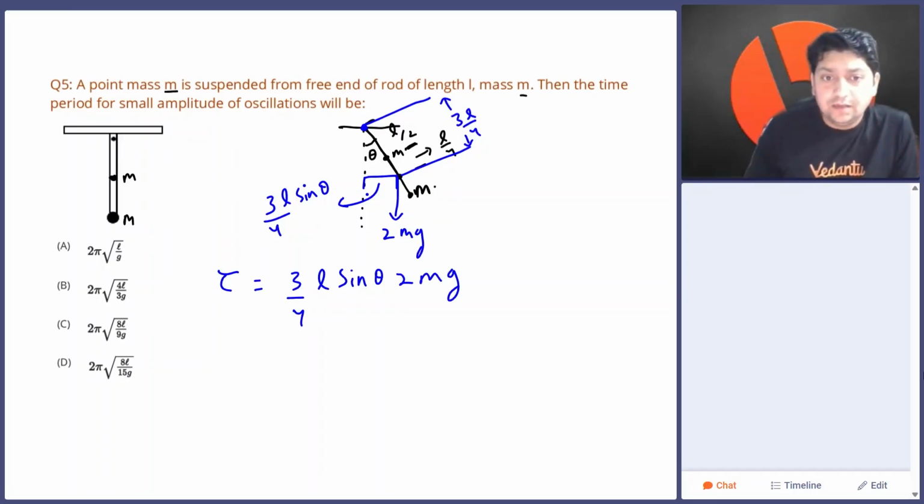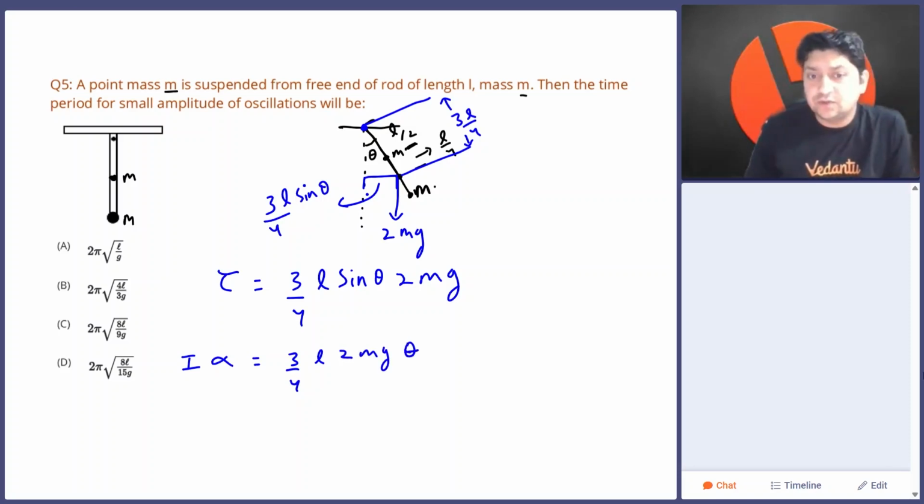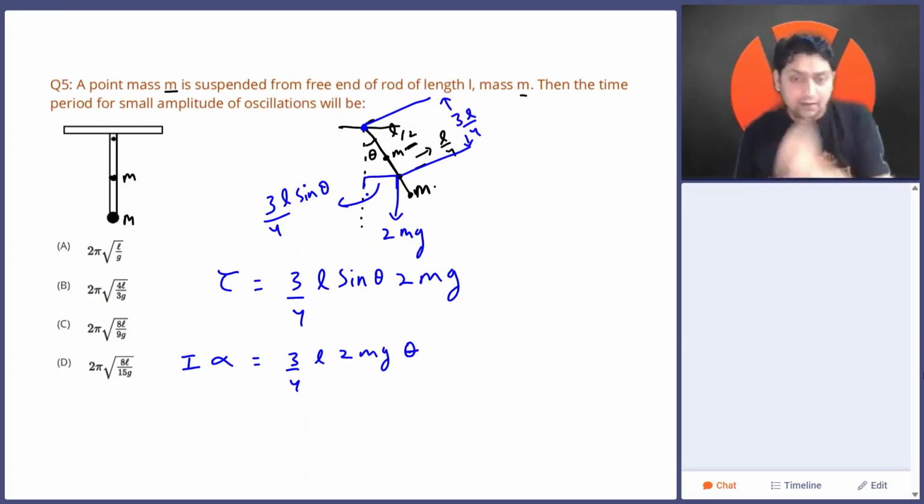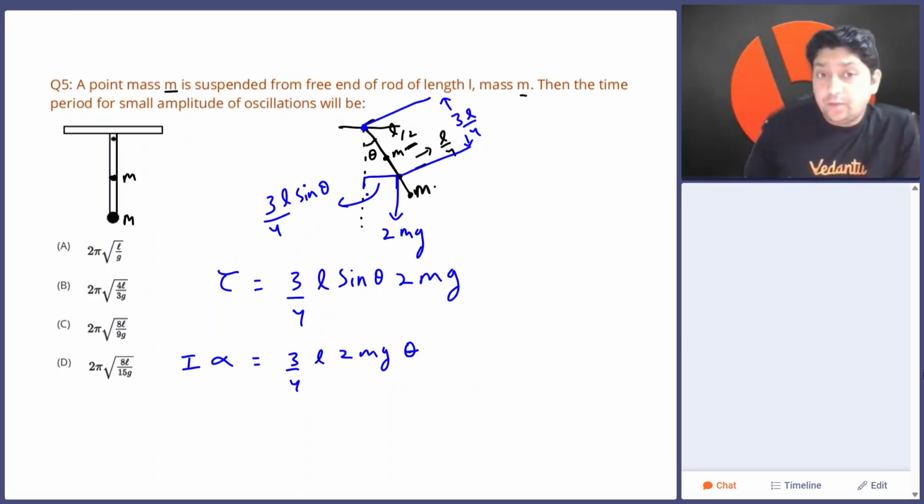And torque will be written as moment of inertia into angular acceleration. So 3/4 L into 2mg, because theta is small, so I can replace sin theta with theta. Now what will be the value of moment of inertia?